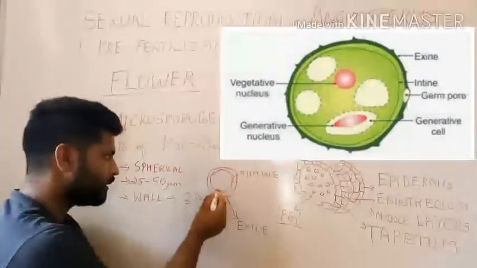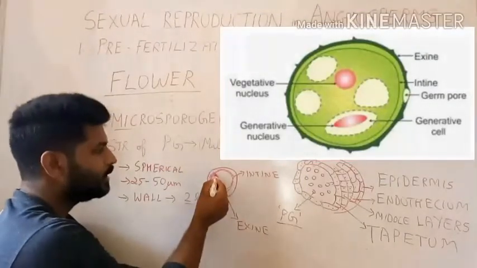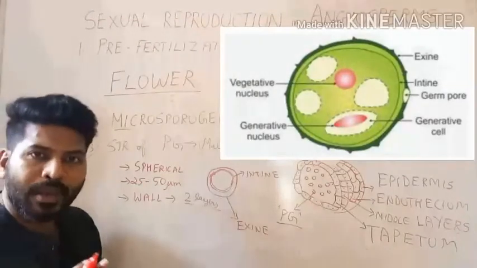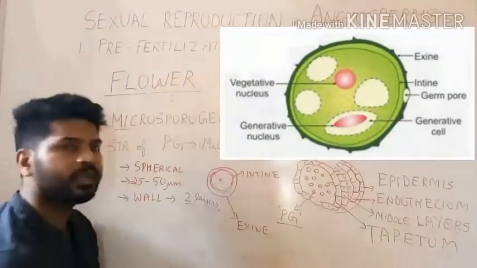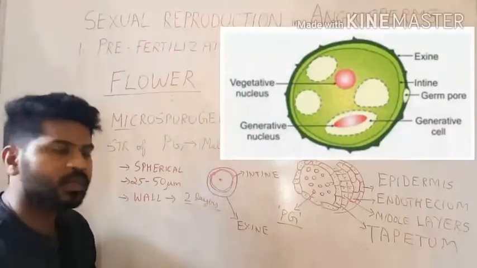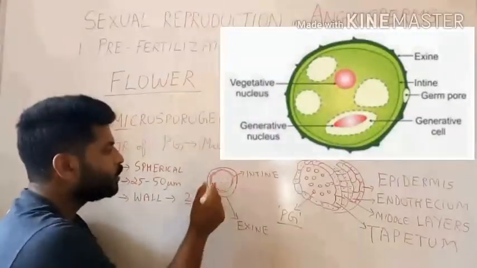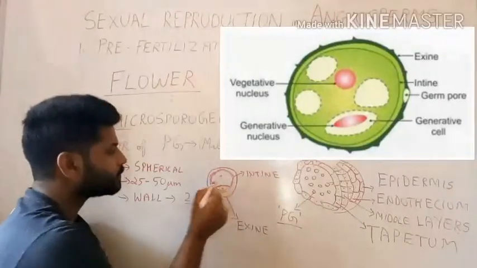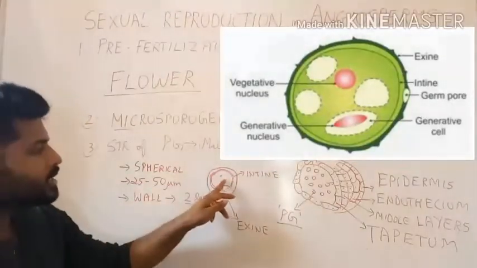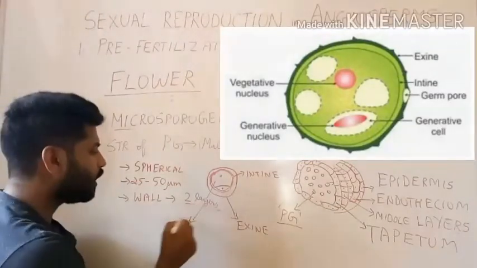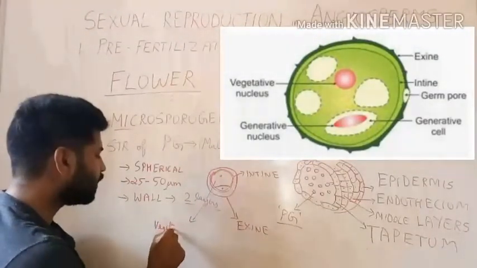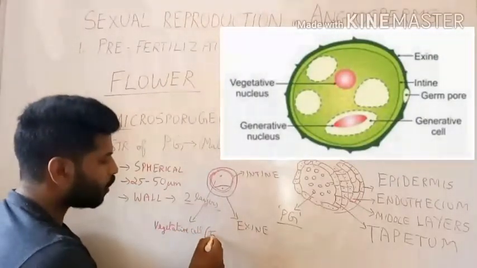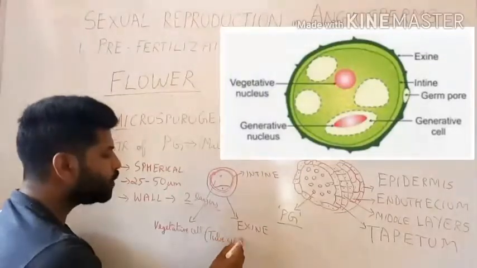Once again, there is a plasma membrane. Inside the cytoplasm, the nucleus will undergo mitosis. It is a single pollen grain. The nucleus will undergo mitosis and produce two cells. So there are two cells. The larger cell is called the vegetative cell, or it's also called the tube cell.